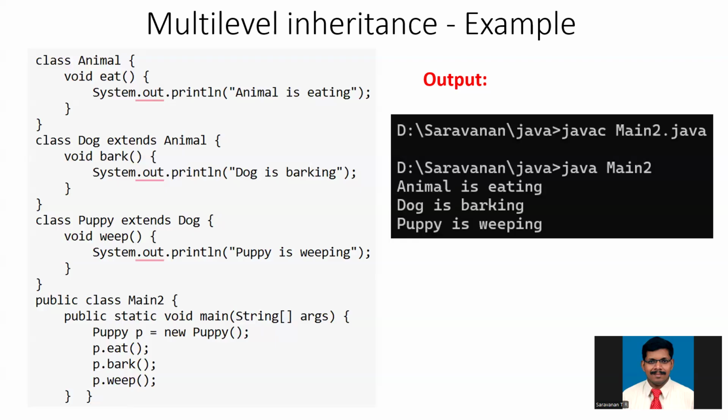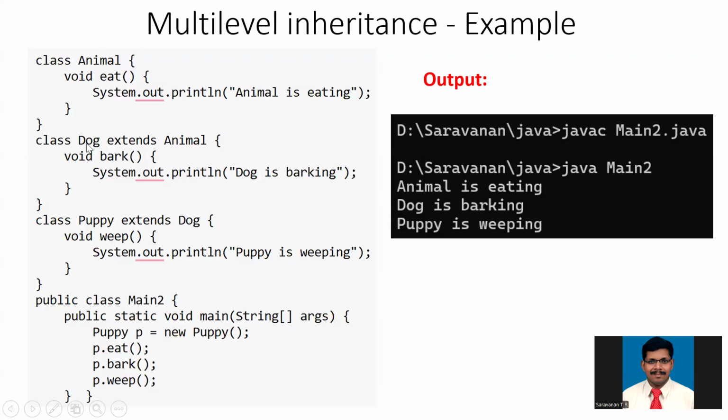Another question: can an object created for Dog, if the object is created only for Dog, access weep? It is 100% impossible. Because for Puppy, Dog is a base class.